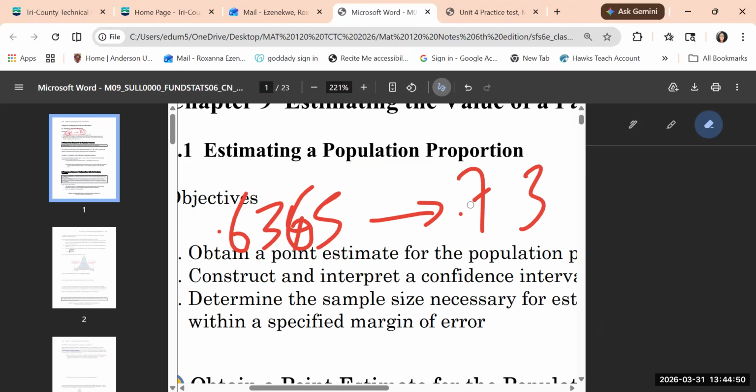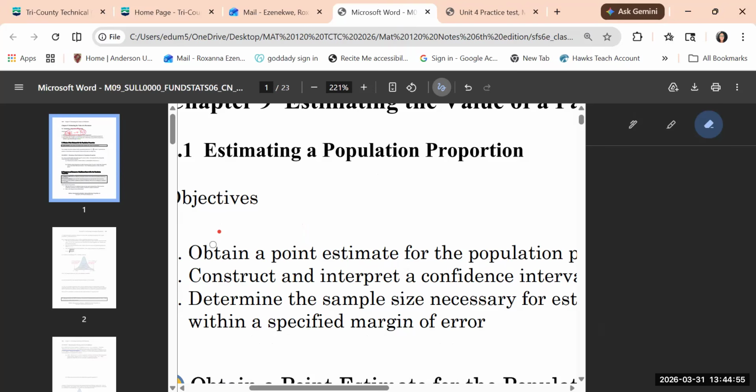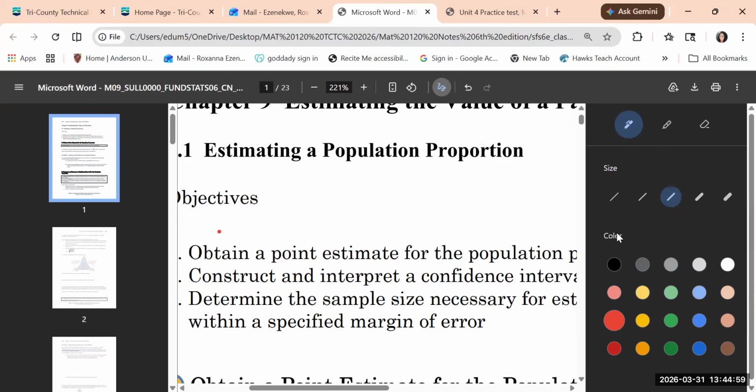So I will say, therefore, I am 95% confident. Why 95? Because that's what I'm given. You cannot be more confident than the confidence level given to you. You must just be confident to the confidence level given to you.